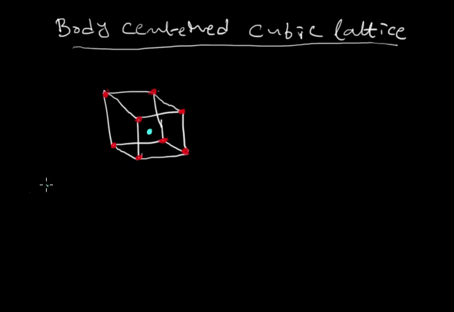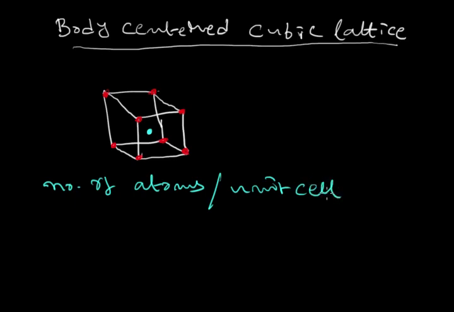So the number of atoms per unit cell is equal to 8 by 8 plus 1, because this point is shared by only one cube. So the number is 1 plus 1, that is 2.